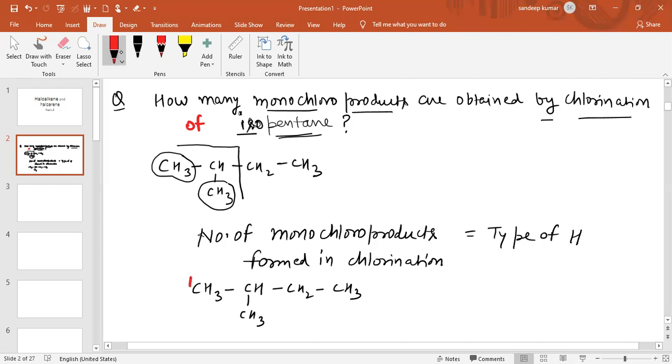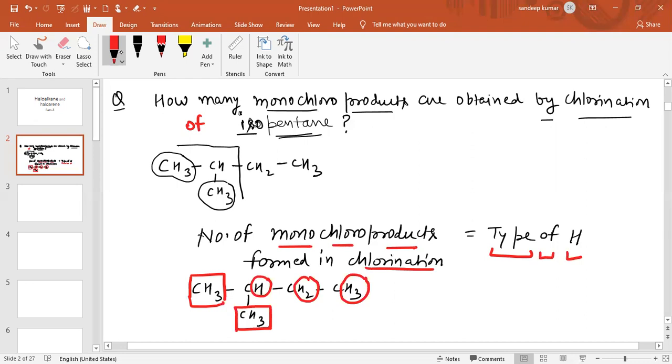See, this one hydrogen which I am circling and this one, these two hydrogen atoms on the carbon atom are same. See, another hydrogen atom on this carbon, and another hydrogen on this carbon. So these are basically the types of hydrogens which will give the monochloro products in the chlorination.